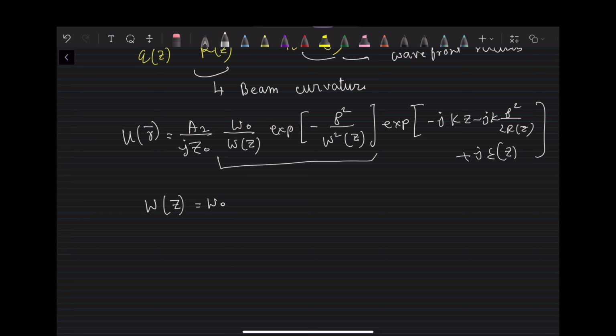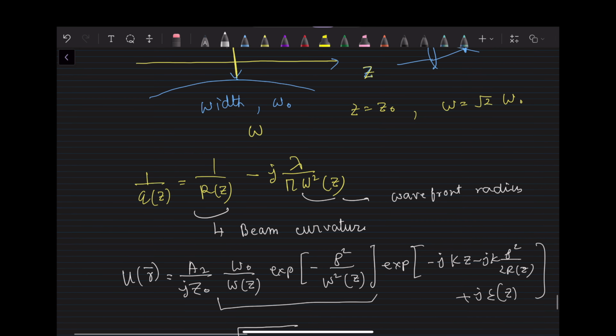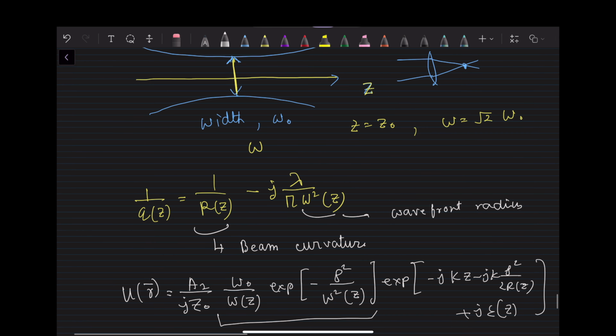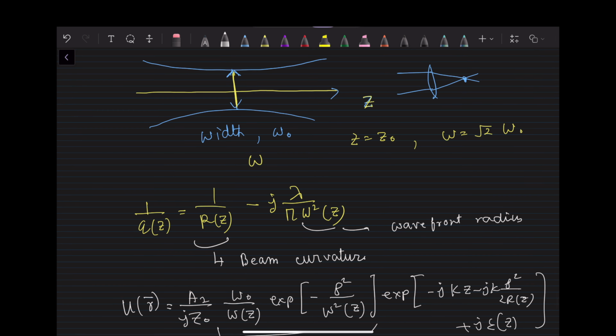So the beam waist we have already talked about, right? Beam waist is the width of the beam, and why that's important is that we want to know exactly at what point how the beam looks, and what the spread of the beam is.